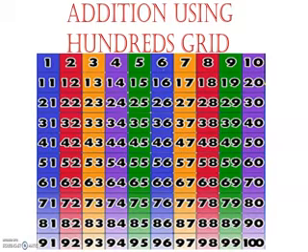This grid is called a hundreds grid, which consists of numbers from 1 to 100. Now we will see how to add numbers using this hundreds grid.